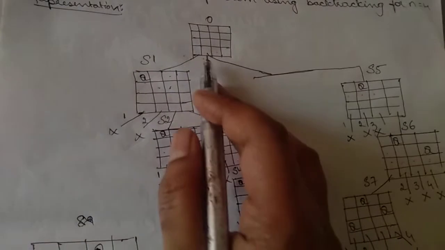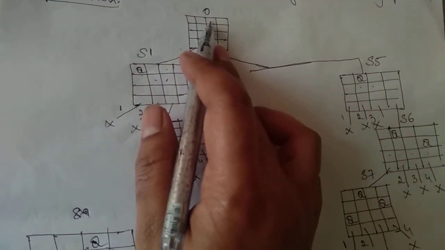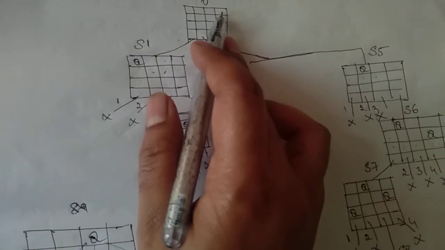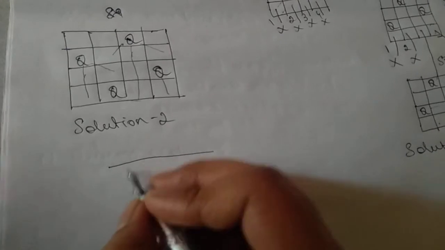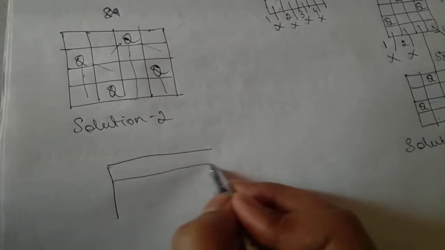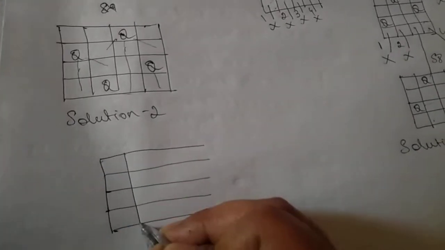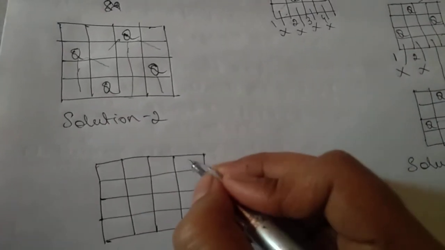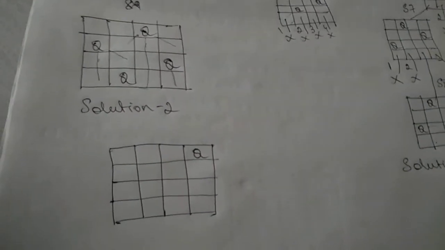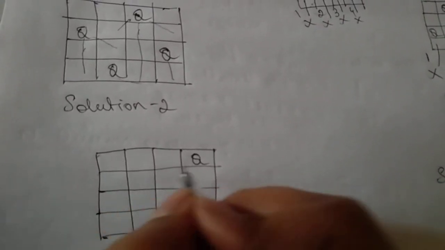Okay, now if I place Q in third place, then also I got the solution. Check by placing Q in fourth position. Okay, I'll place Q in fourth position. Next, in the second row, what is the possibility?